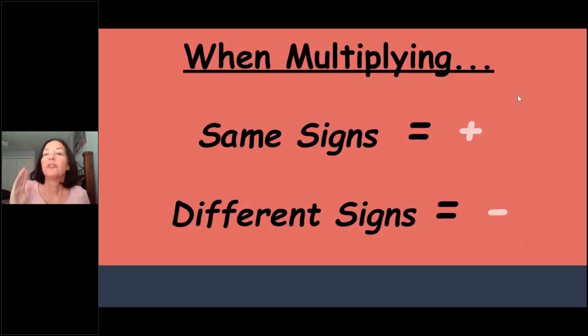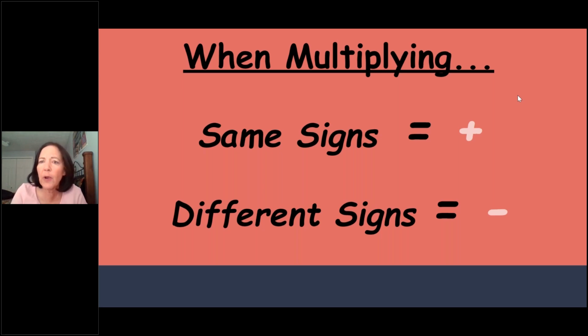So here are the rules for when we multiply. If two signs are the same, it's a positive. If the two signs are different, it's a negative. If you've got your notebook out, it would be a great idea for you to write that down, so when we're solving the problems, you can look at that to help you decide if your answer is going to be a positive or a negative.